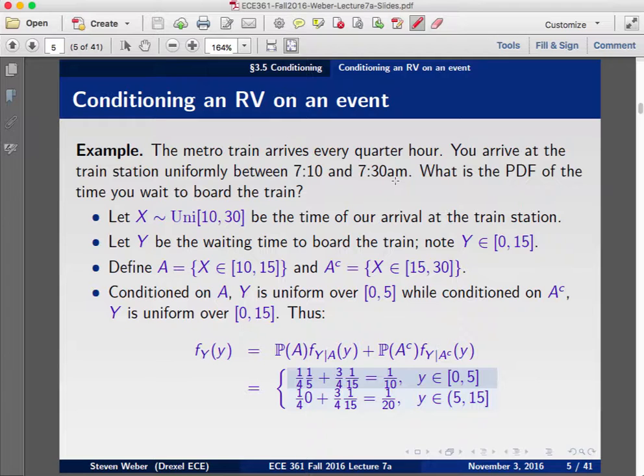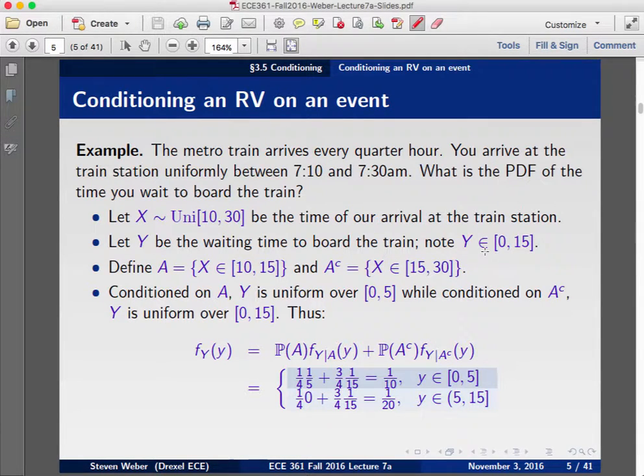Now this is a natural question in which to use the total probability theorem precisely because it's going to be difficult without conditioning to get at the waiting time distribution, precisely because we want to first understand which train we're waiting for. So let's first define the random variable X, your arrival time in minutes after 7, to be uniform between 10 and 30. Y will be the waiting time to board the train.